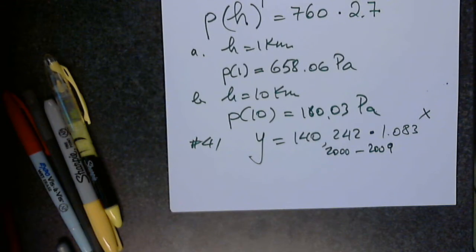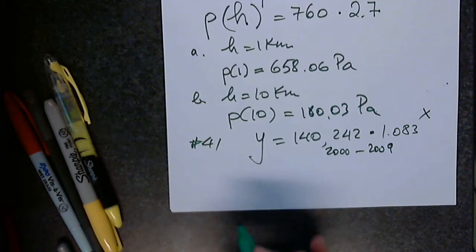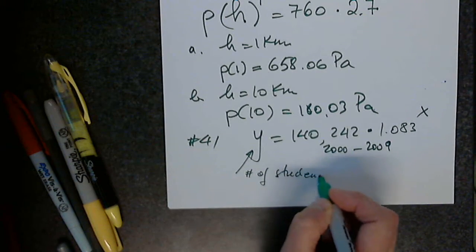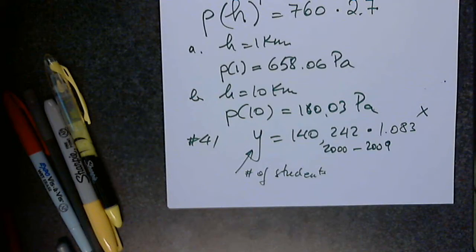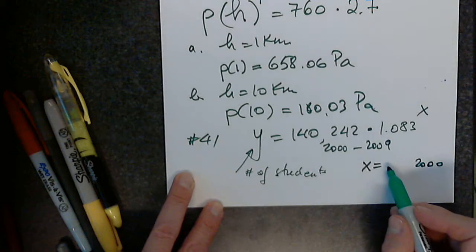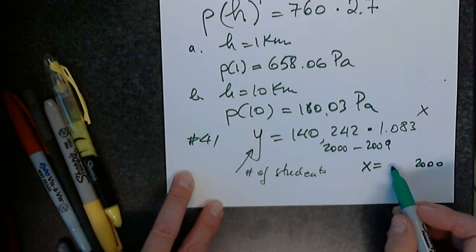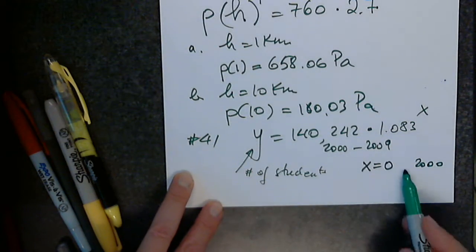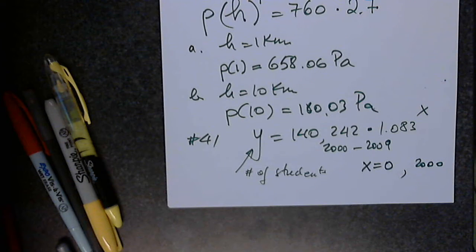In this equation, y is the number of students, and x represents the number of years after 2000. So how much is x for the year 2000? Yeah. Very good.